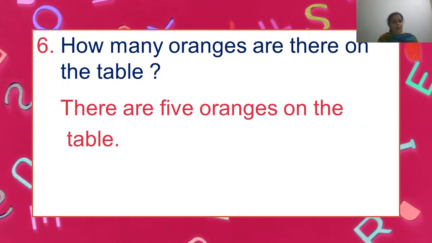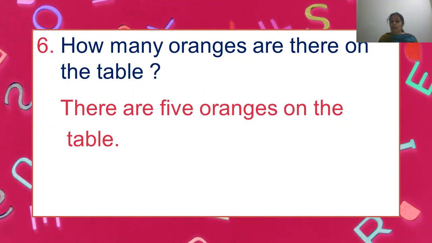And why did I use many? Yes, we used many because oranges, the noun, is a countable noun, right? So there are so many things you need to keep in mind. All that you have learned till now, you have to put it to use here, right? You're talking about countable, uncountable nouns here. You're talking about the punctuation, right? How, H has to be capital. There has to be a question mark at the end of it. And then the adjective also.